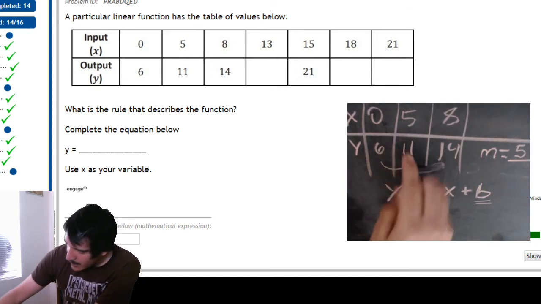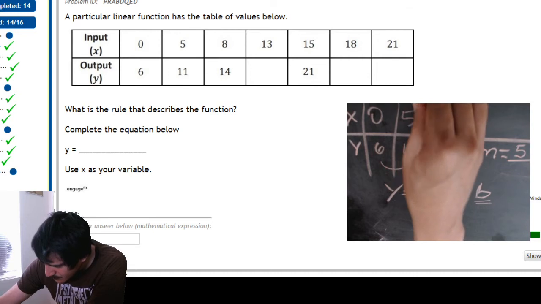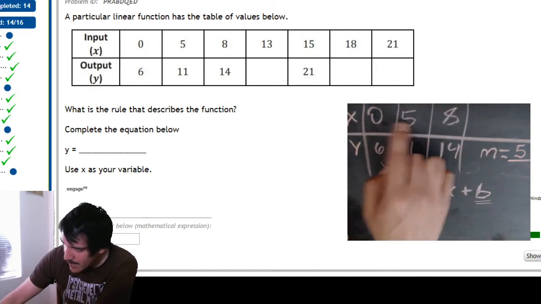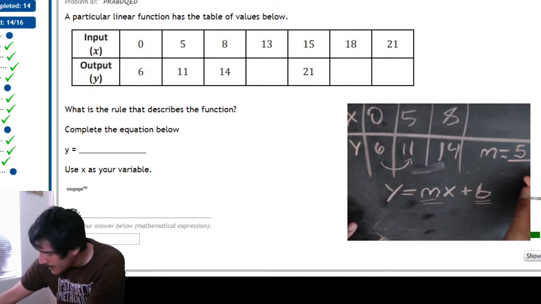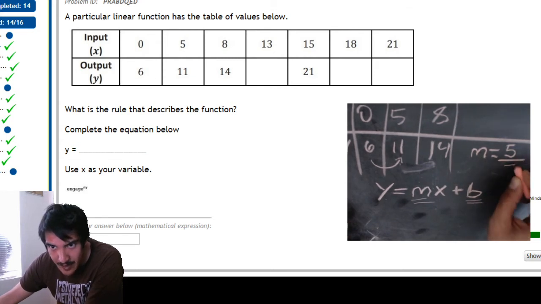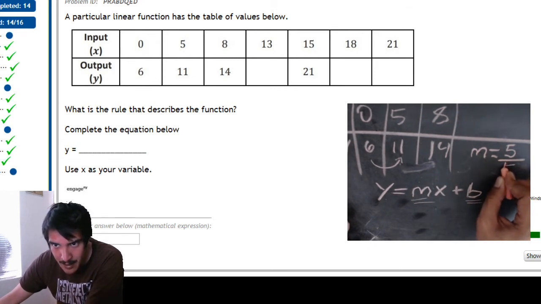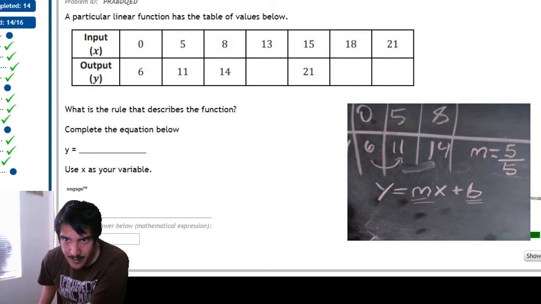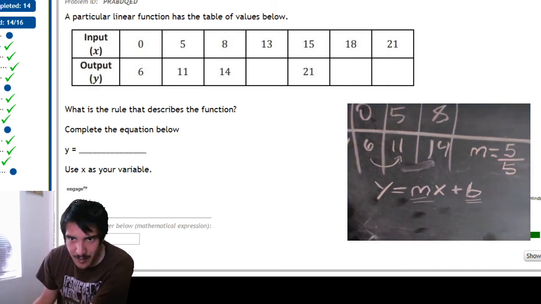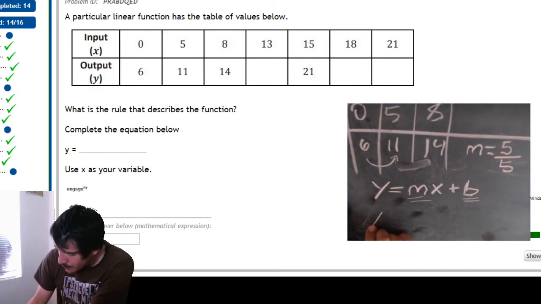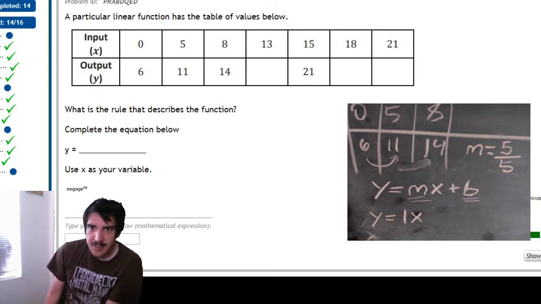And then you look at the x values right above those, and see how much did that run by? And that is also a 5. So you get slope, m, equals 5 over 5. And 5 over 5 just equals 1. So that means that the first part of our equation is y equals 1x.